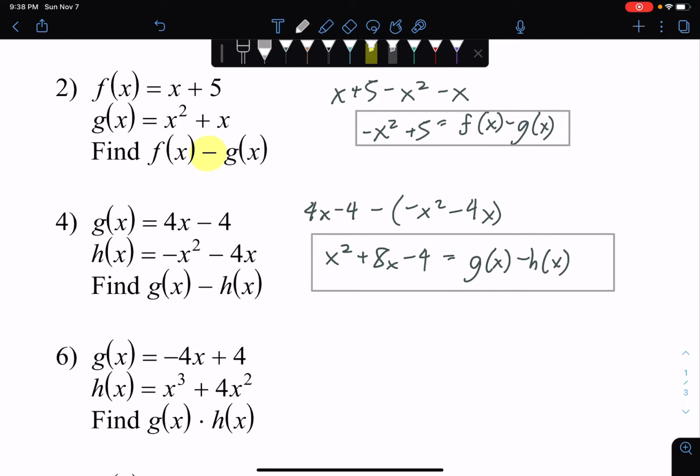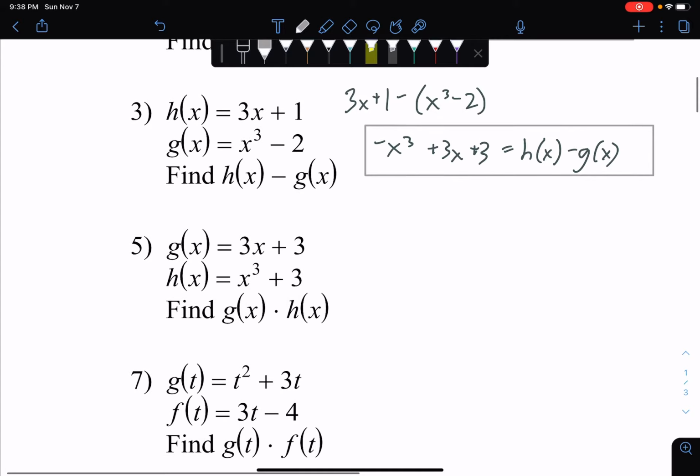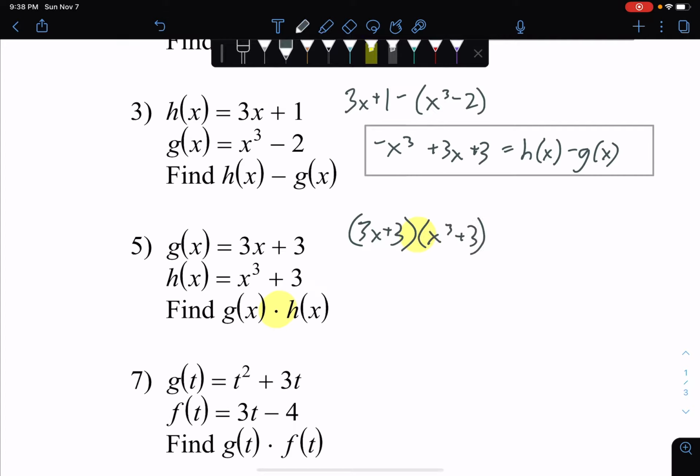Let's move to number 5. For number 5, we still don't know what x is. So g of x is basically 3x plus 3 times, now our operation is multiplication, so we place multiplication times x cubed plus 3.